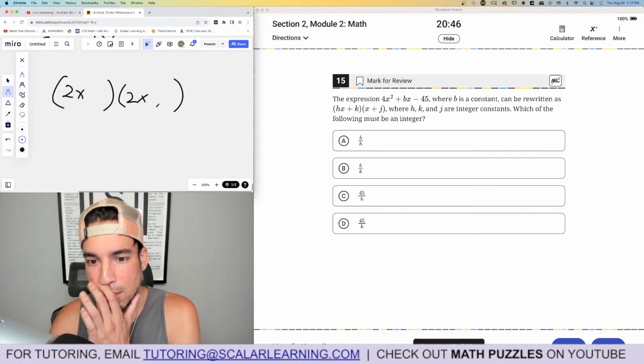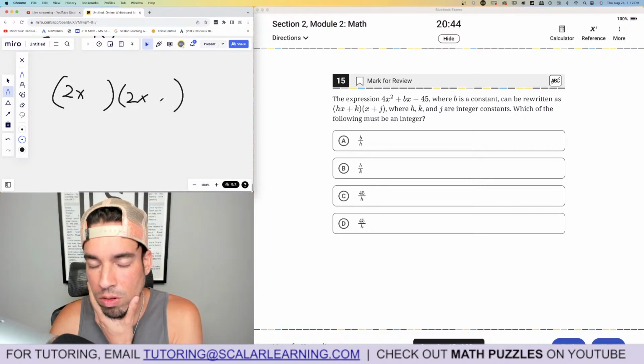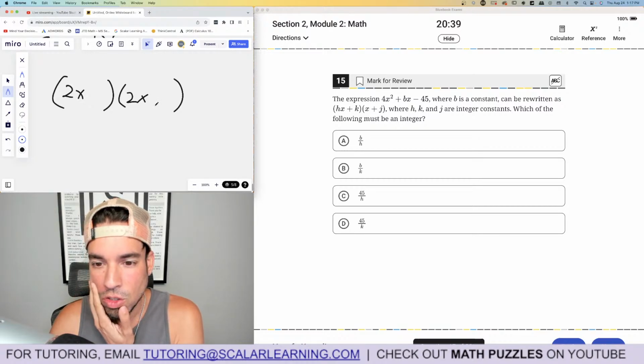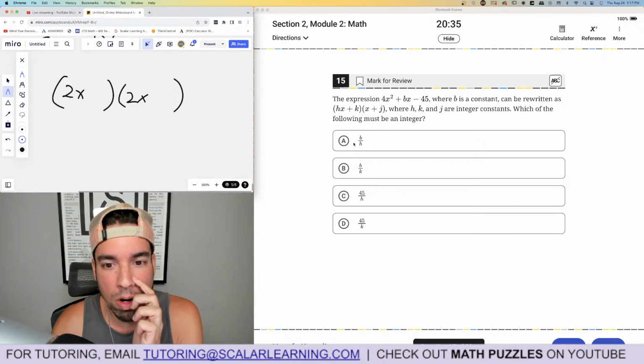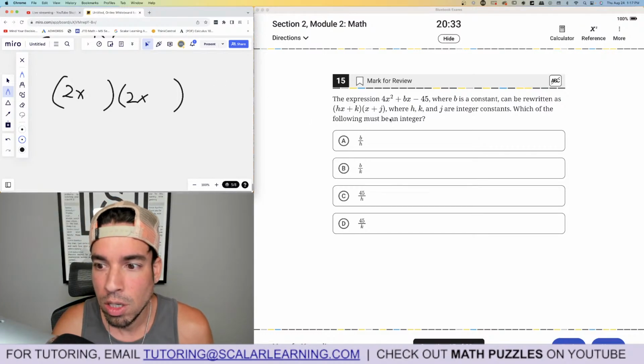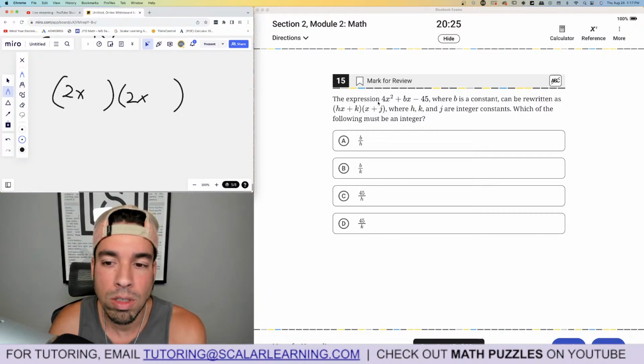Wait, does it say b is positive? It doesn't say b is positive. Oh, I see. And they say h, k, and j are integers. Okay, hold on. Oh, I get it.